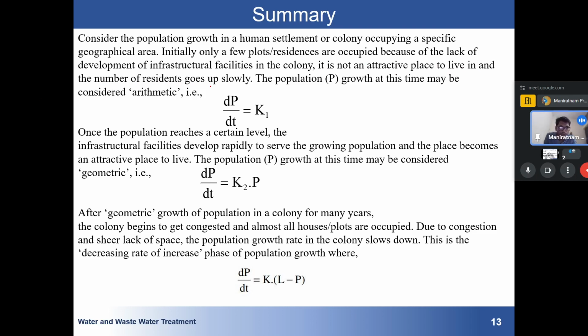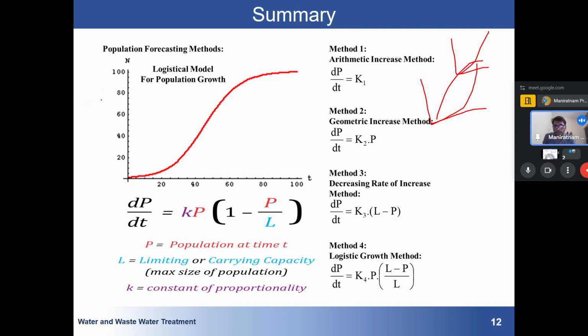People have started to settle there, and there will be an increase in population due to two reasons: either reproduction or migration of outsiders. Initially the population growth at any time may be considered arithmetic. Remember, when I was discussing the first question, I said that the arithmetic method is generally used when the population is very low. Initially the number of population is very low, so that's why it is an arithmetic increase.